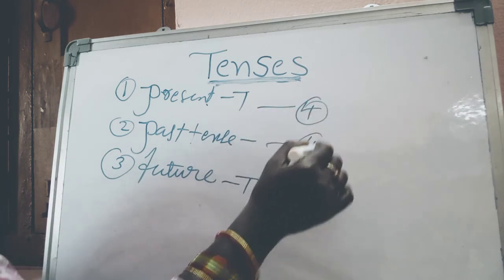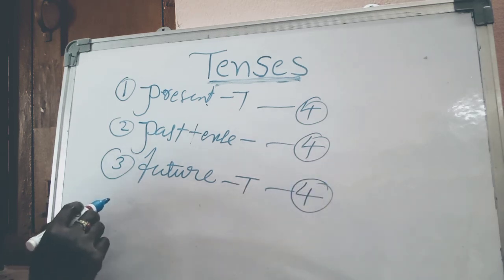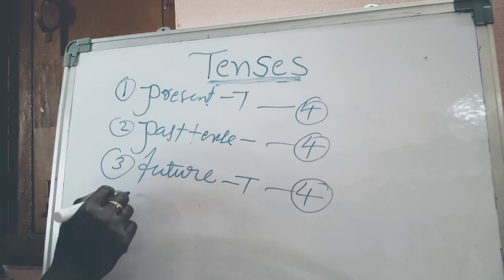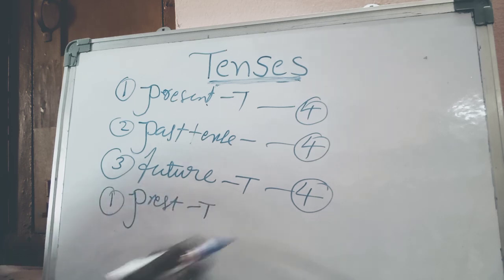Each of the three tenses is divided into four subtenses. If we take present tense, it is divided into four subtenses.